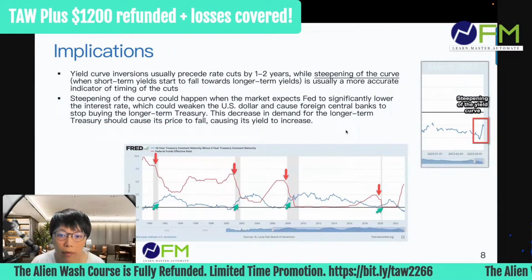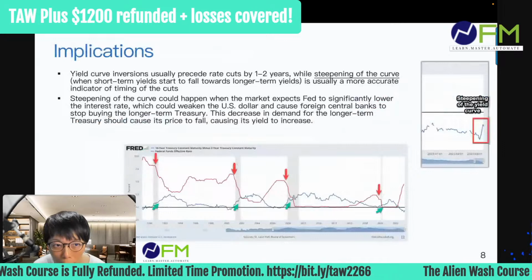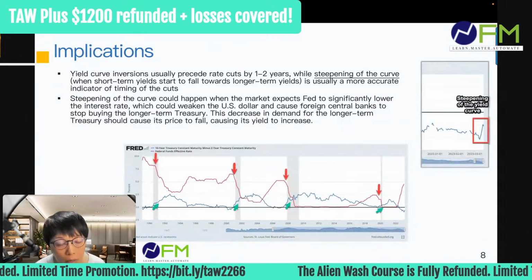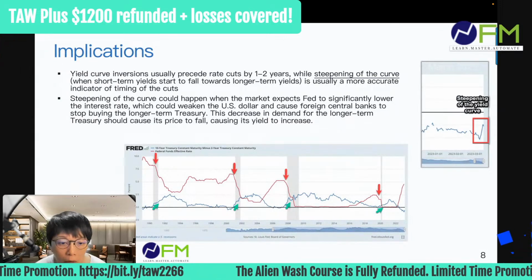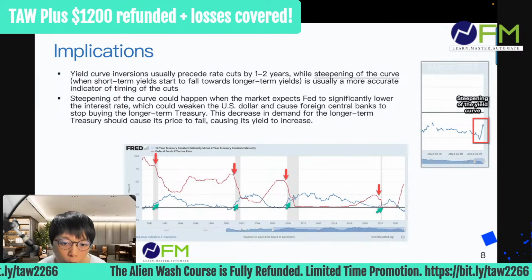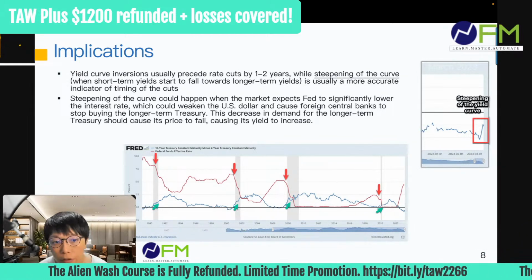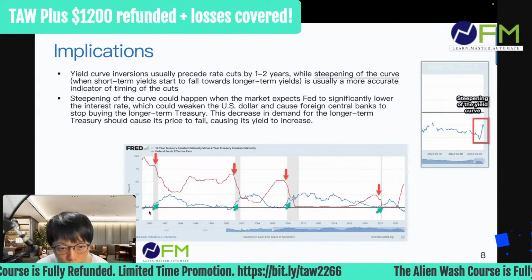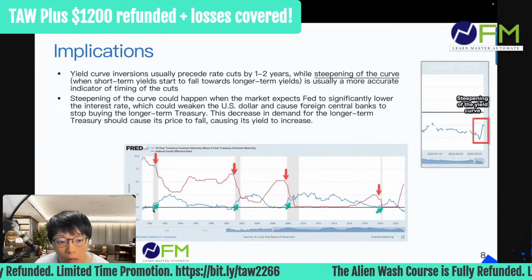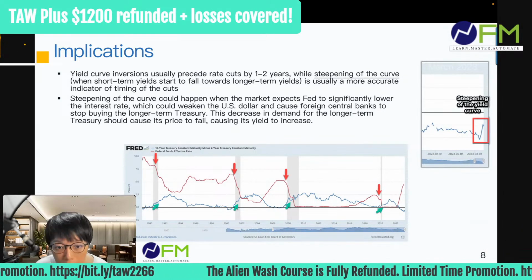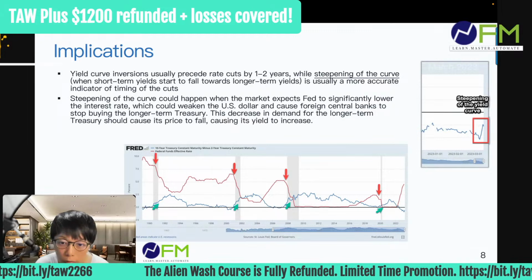Now let's take a look at the implication, for example, why we want to take note of the steepening of the yield curve. I said before that when we have a yield curve inversion, let's take a look at the 10-year and the 2-year at the green arrows here. In the past, an inversion suggested that two things can happen.